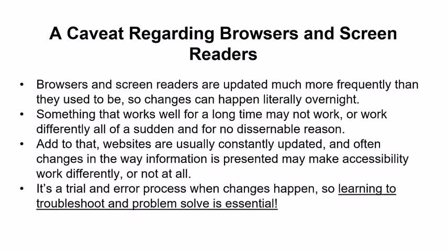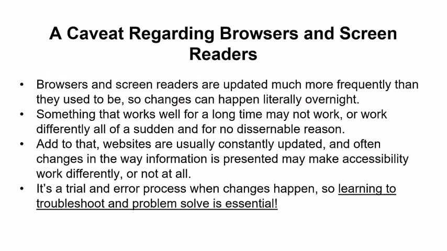Just a caveat regarding browsers and screen readers, and we've talked about this in the first session of this course, but it's definitely worth repeating, especially given the topic that we're going to be delving into here. Browsers and screen readers are updated a lot more frequently than they used to be, so changes can happen literally overnight. Browsers in particular.